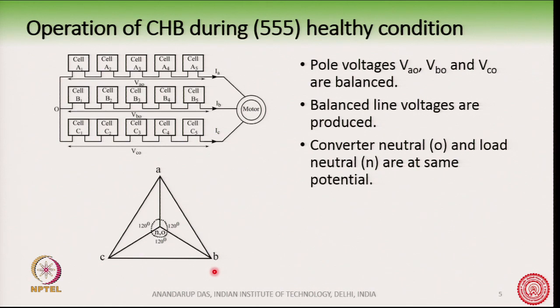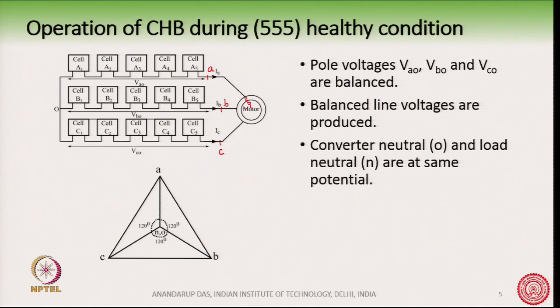The voltages are all balanced during the 555 condition. So, the AO, BO and CO, that is AO means the pole voltages, this point is A here. So, this is A, B and C, and there is a neutral point of the motor.